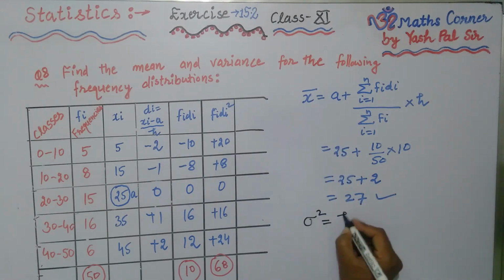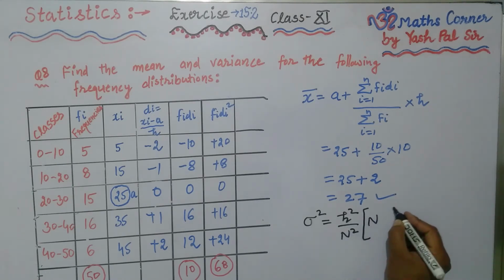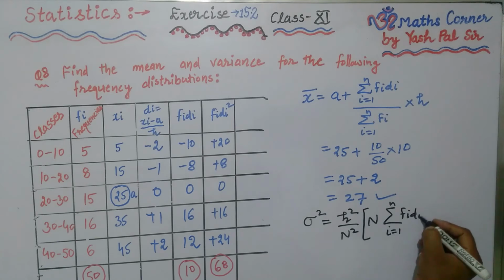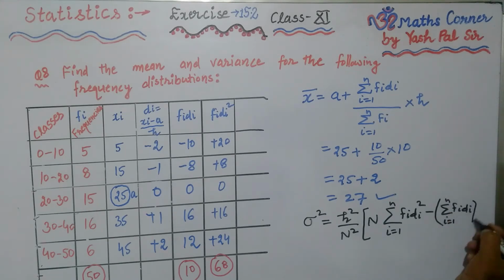The formula is h square divided by n square, into n into summation i equals 1 to n fi di square, minus bracket summation i equals 1 to n fi di, its whole square, bracket close.